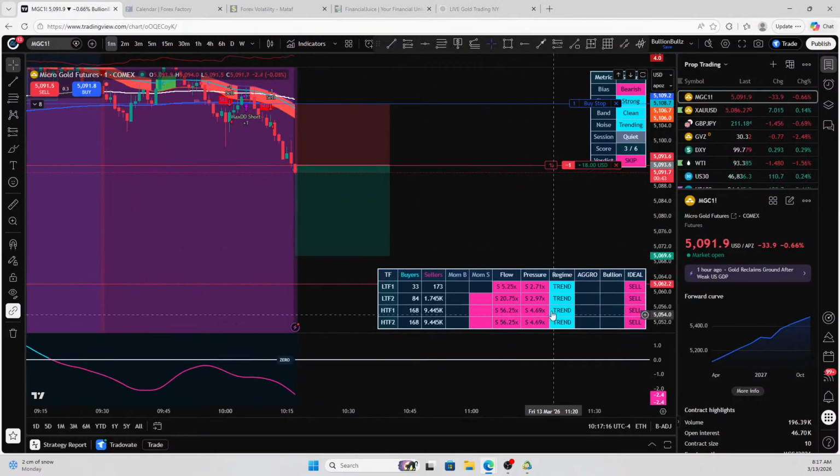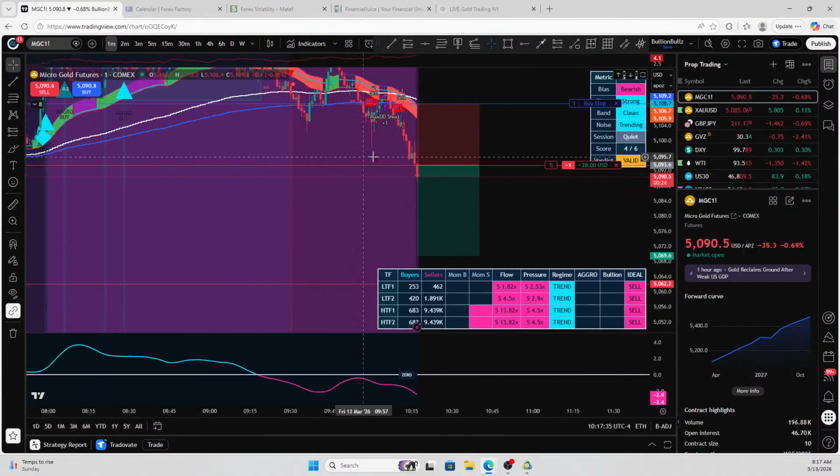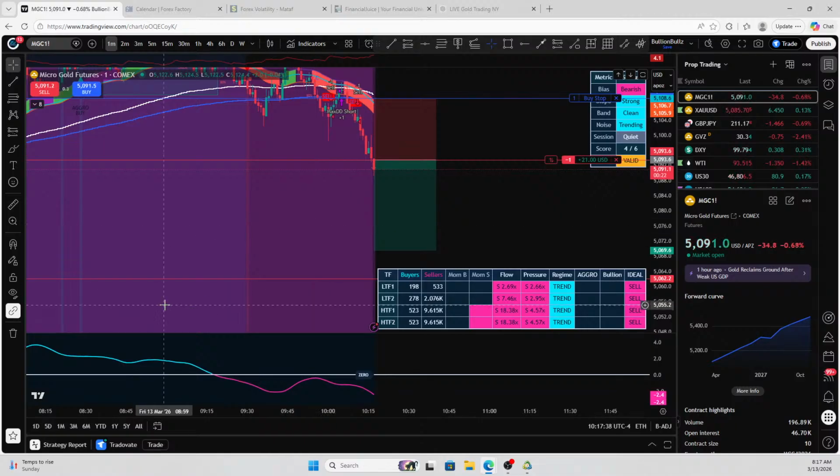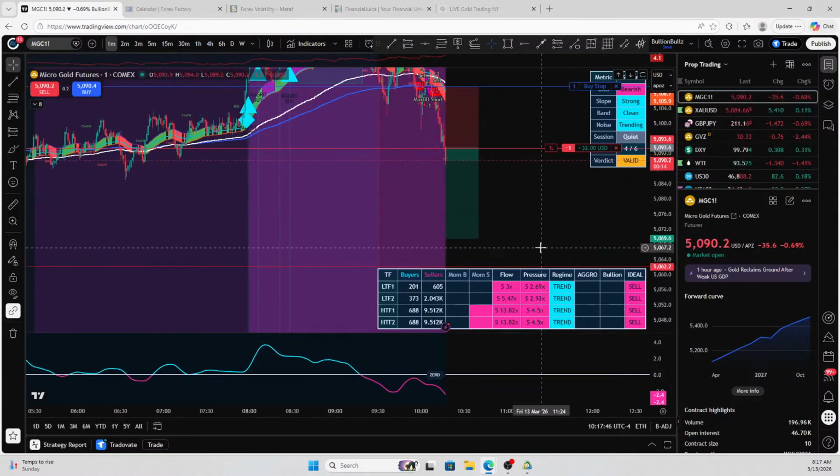It's mainly because of the pressure that we're targeting. What we are targeting is a minimum 1 is to 1.5 on the trade, which also coincides with the previous day low.